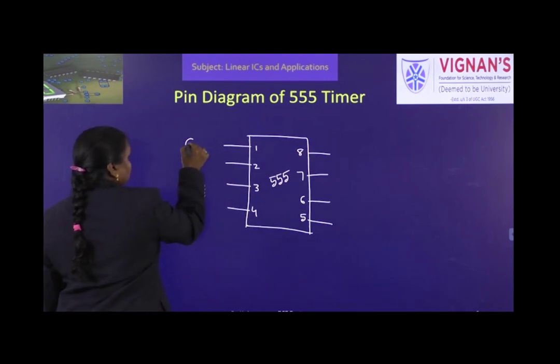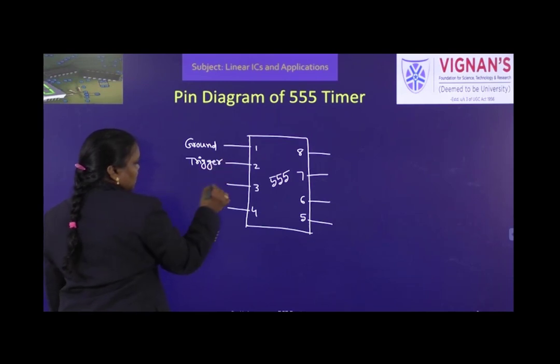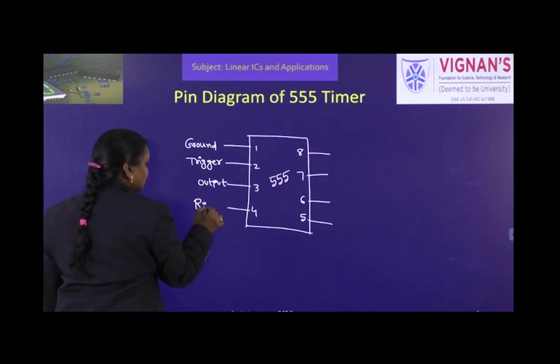Pin 1 is ground, 2 is trigger, 3 is output, and the 4th is reset.